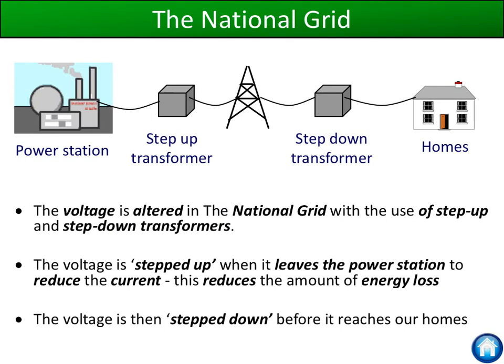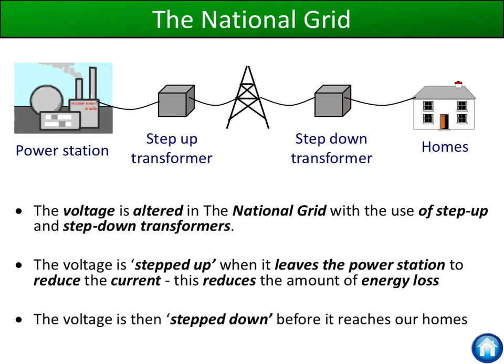We're just going to have a look at the national grid. How national grids work is that you start off with a power station, and that produces electricity in one of the ways that we've seen beforehand. Once the electricity has been produced, that will then go to a step-up transformer. The job of the step-up transformer is to increase the voltage, so you get a high voltage supply, and reduce the current, so that will then go through the pylons across the national grid until it reaches a step-down transformer.